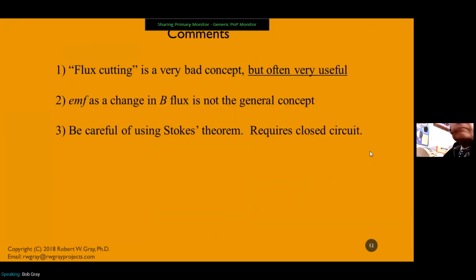Okay, so some comments. Flux cutting is a very bad concept, but it is often very useful. EMF as a change in B flux is not really the general concept. The general concept is charge particle interaction.